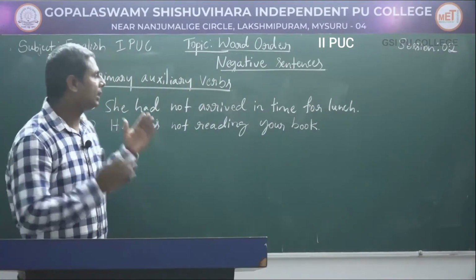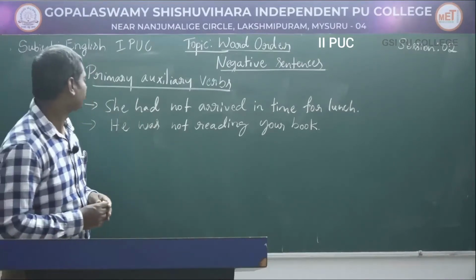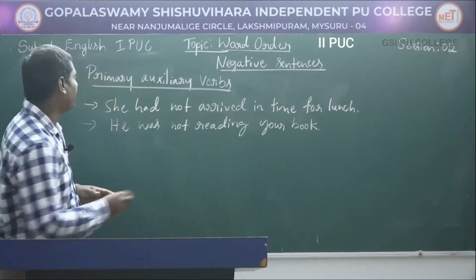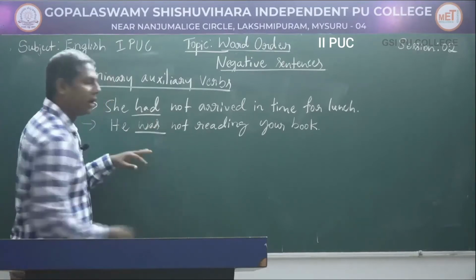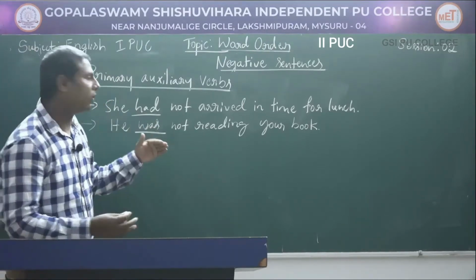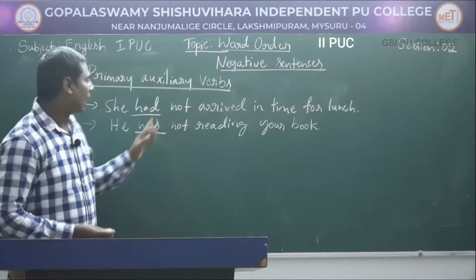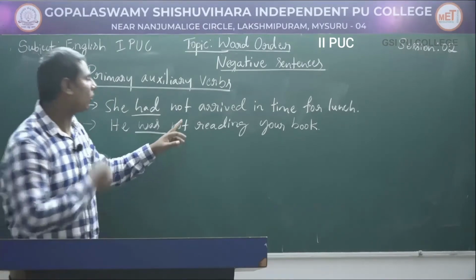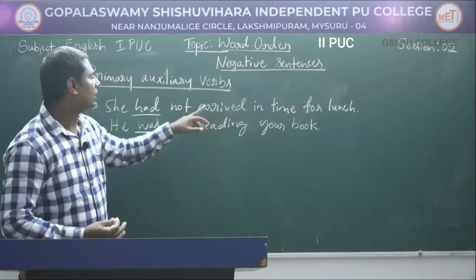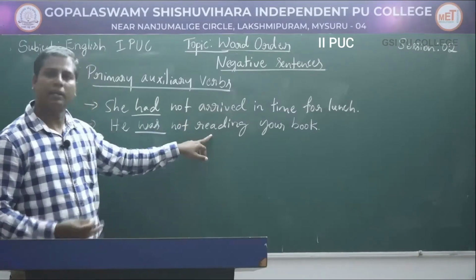So notice that in these two sentences, the primary auxiliary verbs had and was are placed before the word not, and these two words are followed by the main verb. They are arrived and reading.